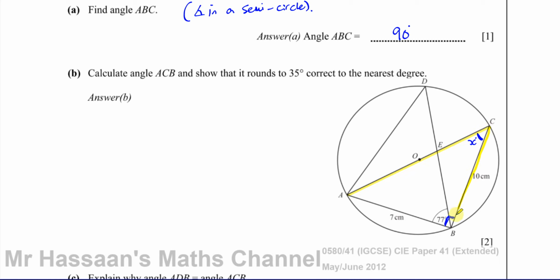This angle ACB is part of this right angle triangle. The fact that it says show that it rounds to 35 degrees correct to the nearest degree gives me an idea. I'm not going to be using angles in circles here. I'm going to have to use some other method like trigonometry, which will give me something which I have to round. So we're not looking at other angles here.